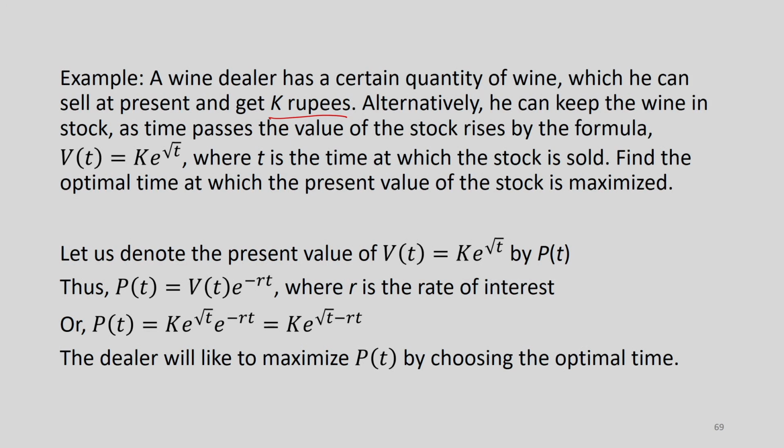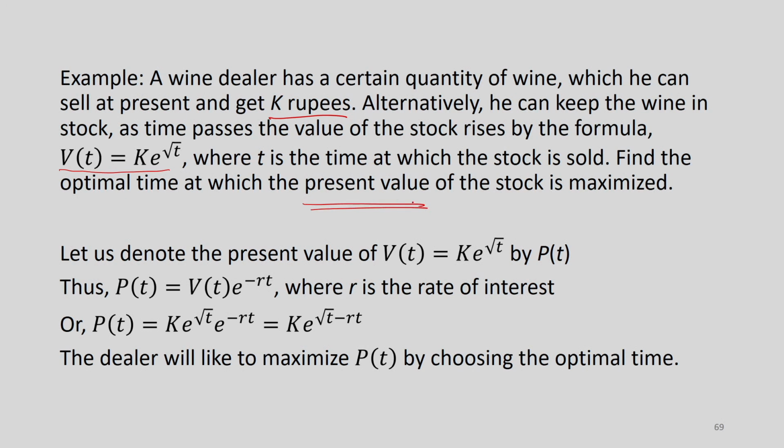As time passes, the value of the stock rises by the formula Vt equal to k multiplied by e to the power root over t, where t is the time at which the stock is sold. Find the optimal time at which the present value of the stock is maximized.